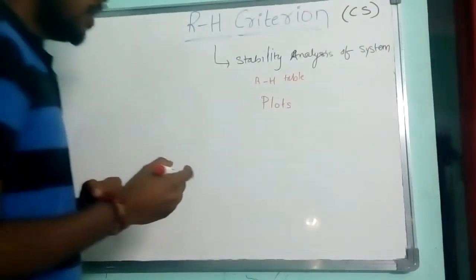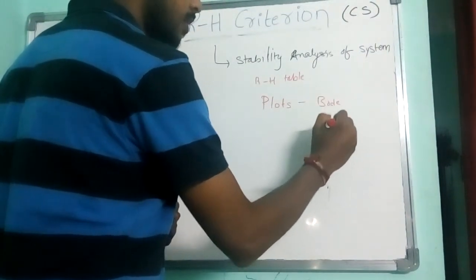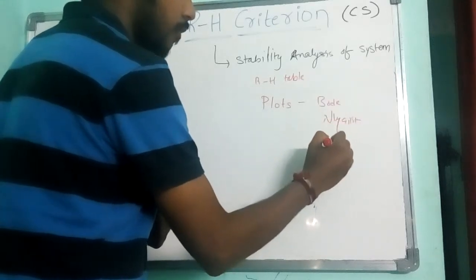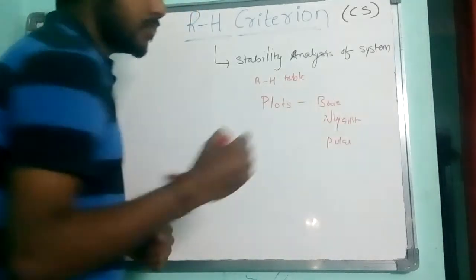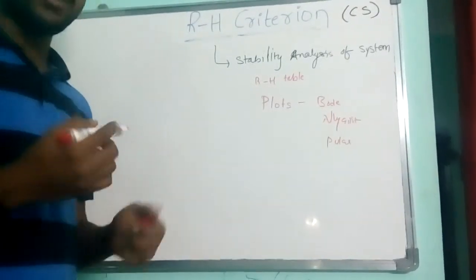Here these plots are Bode plots, Nyquist plots, and polar plots. We'll see about the plots later. First, we'll concentrate on the RH table.